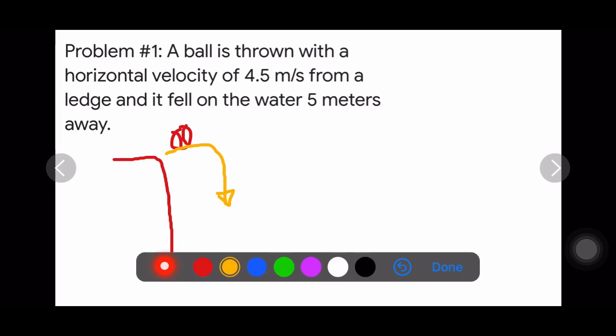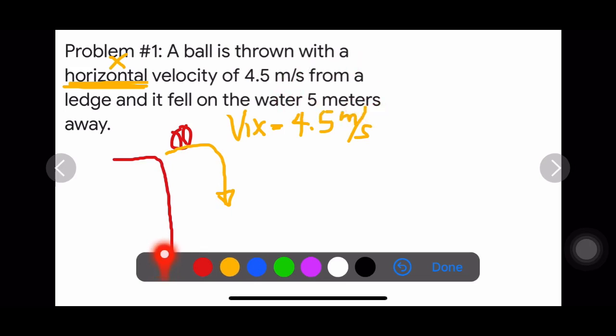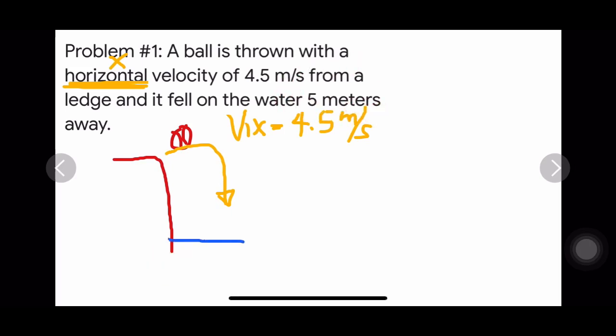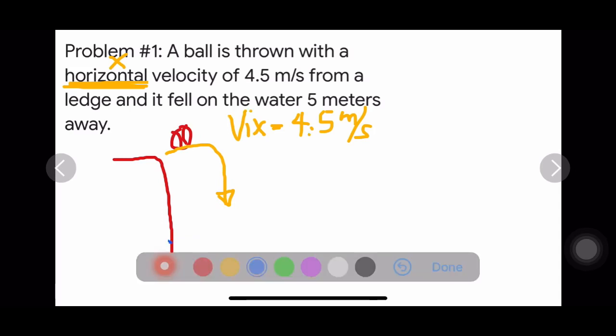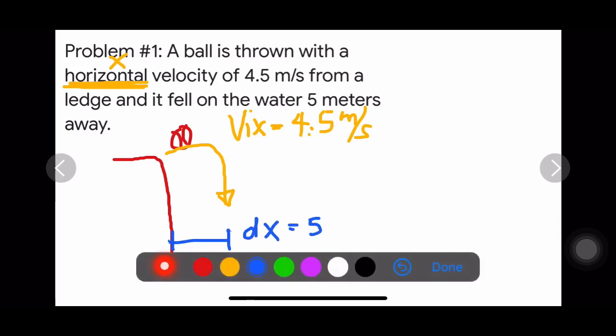The ball is thrown horizontally, so it is along the x component. We have the initial velocity along the horizontal of 4.5 meters per second. It fell on the water 5 meters away, which means it's 5 meters away from the ledge. So that is your position along the x-axis.